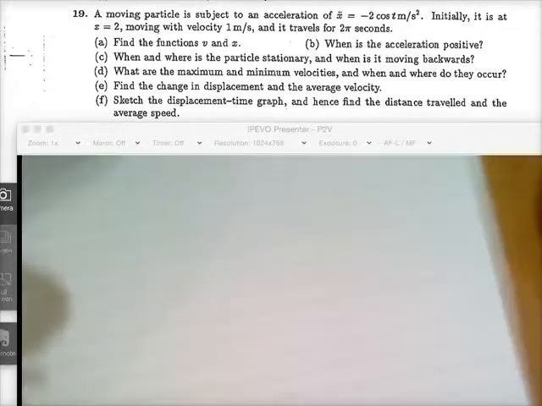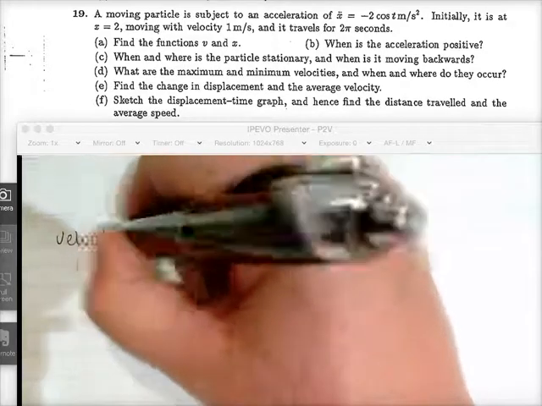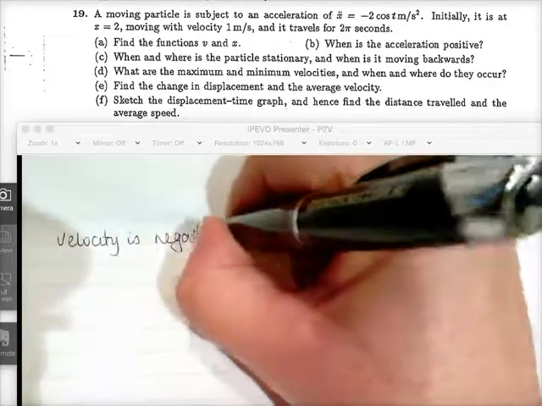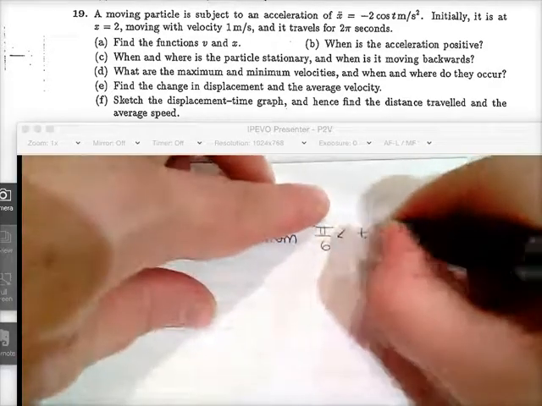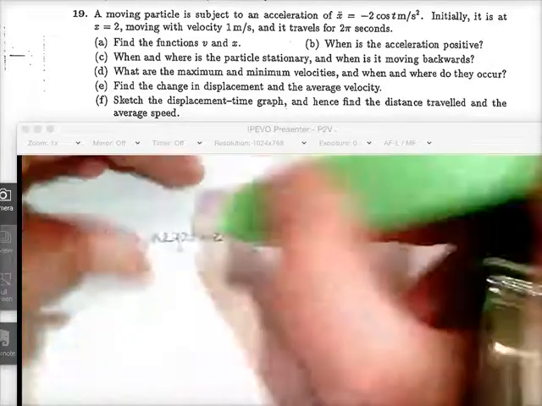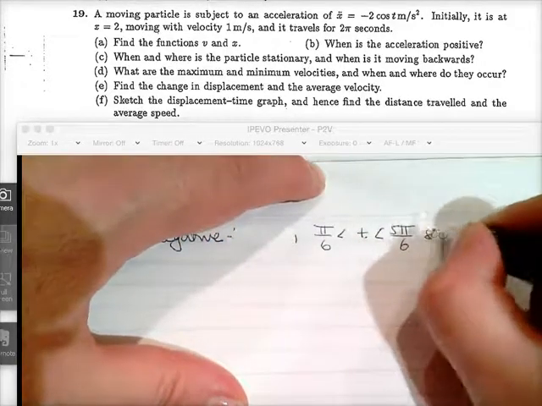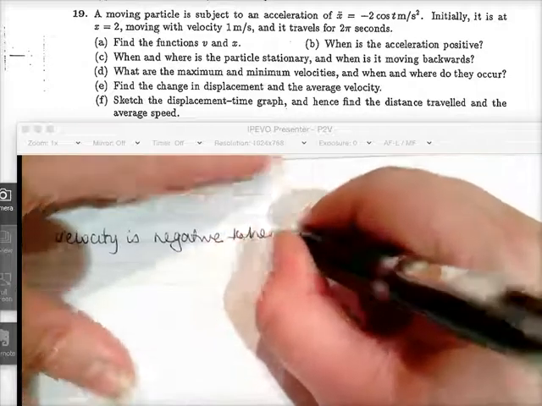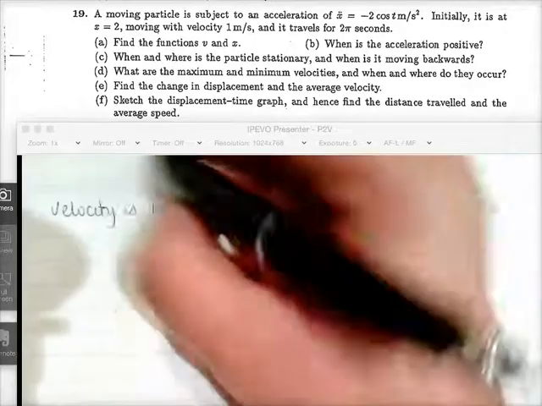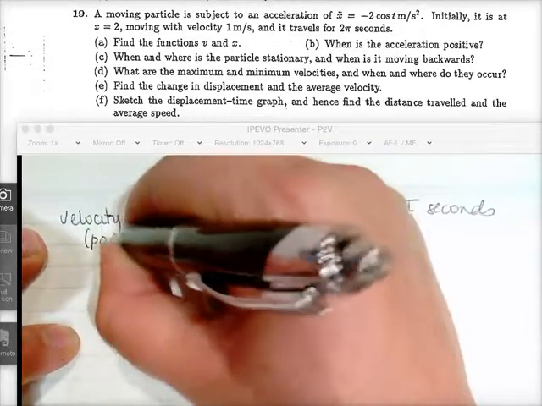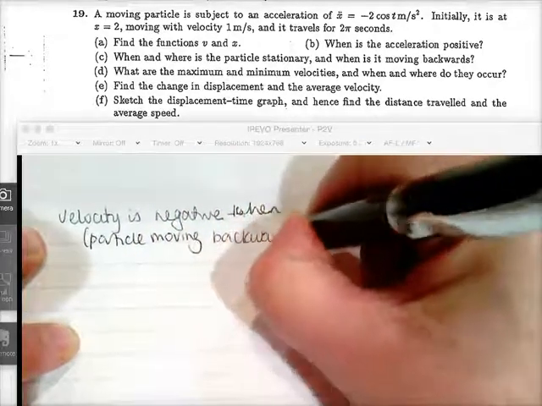So therefore, velocity is negative when pi on 6 is less than t, which is less than 5 pi on 6 seconds. Okay, that's the end of question C. So in other words, the particle moves backwards, and that's what moving backwards means: velocity is negative.